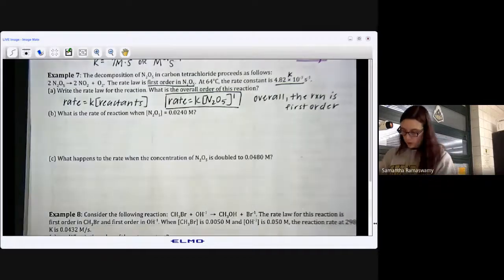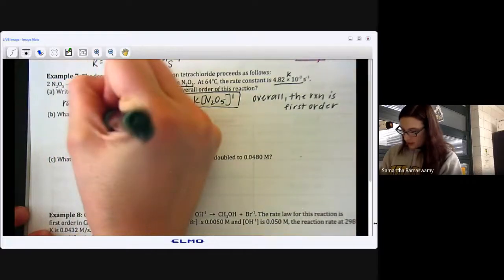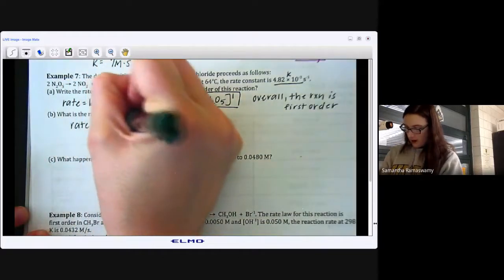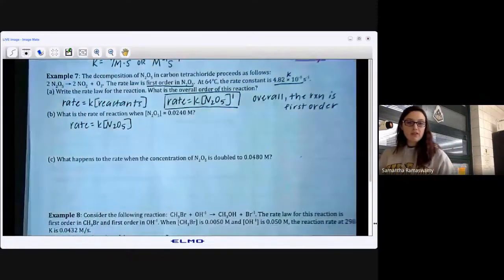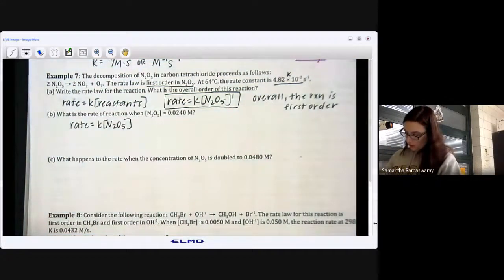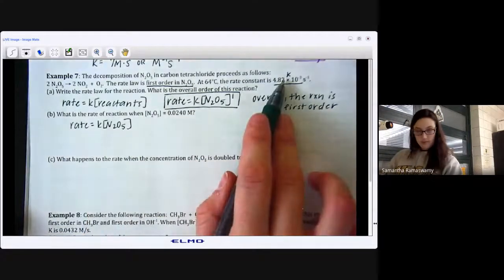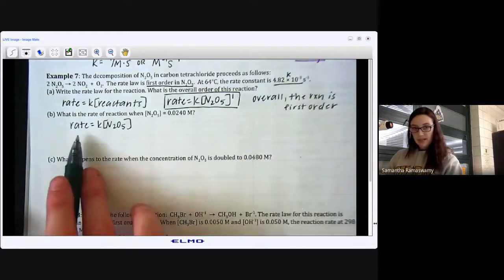So we just wrote the rate law. We have to use rate equals K times N2O5 to solve for one of the variables. They gave us the concentration of N2O5. They also gave us K. We can solve for rate.